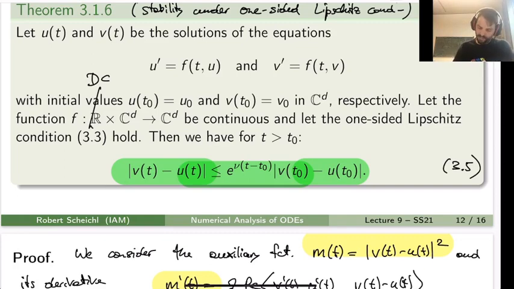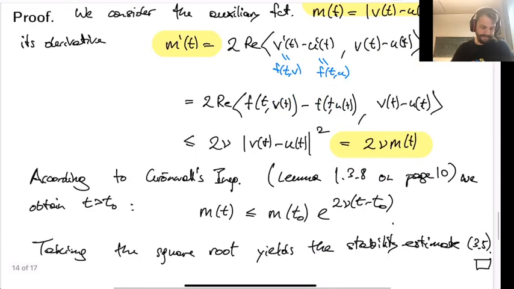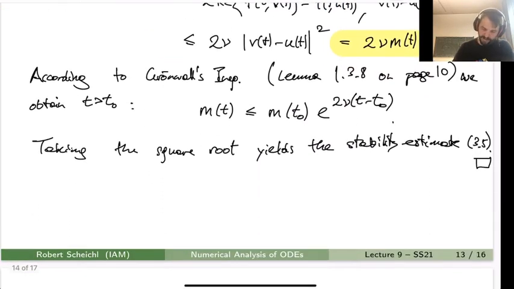We can go back to our example. So remark (3.1.7).